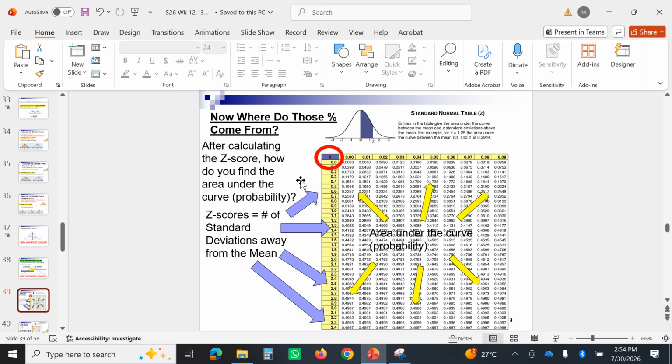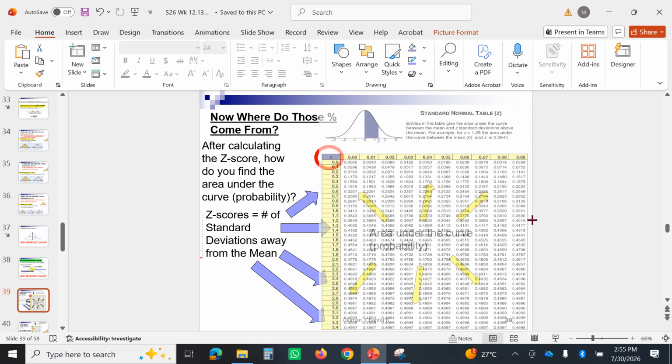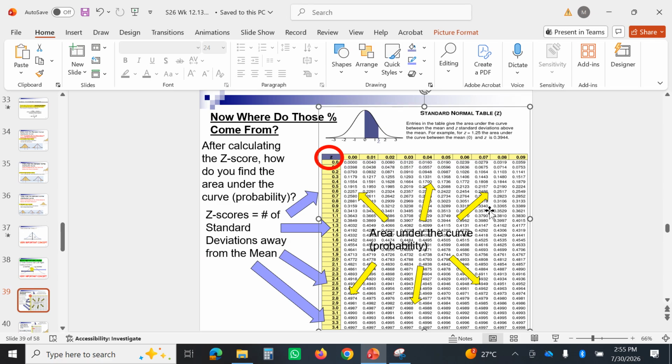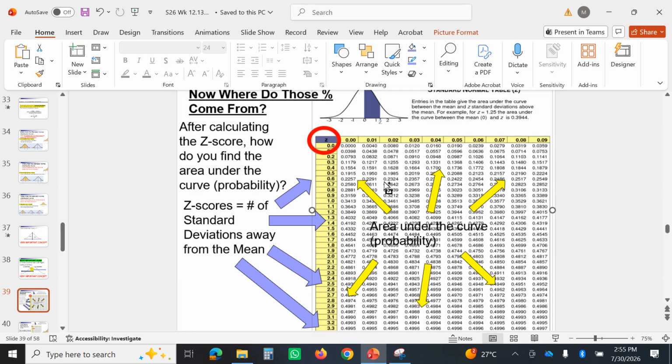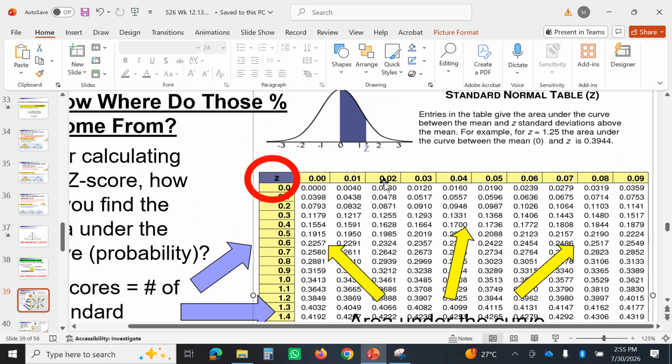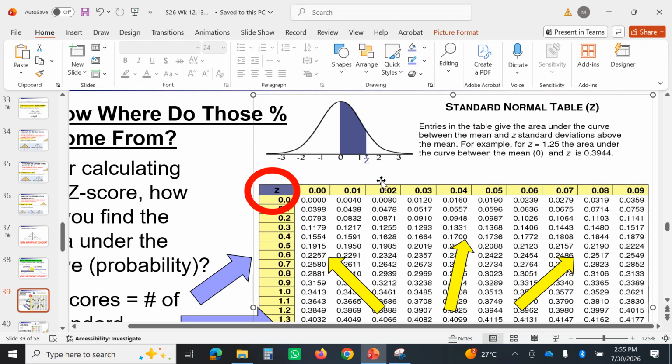So, here is the Z table that is provided for you there in the week 12 folder. Let me zoom in and show you what's going on. This is your standard normal curve with a mean of 0 and standard deviations of +1, -1, +2, -2, +3, -3. Nothing new there.